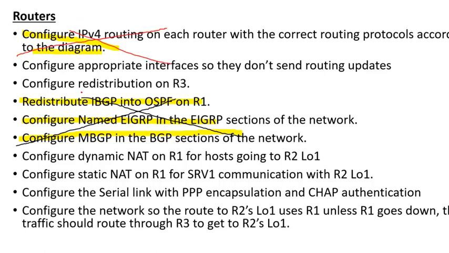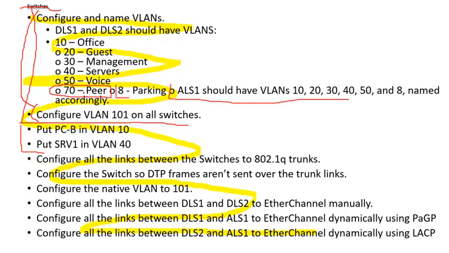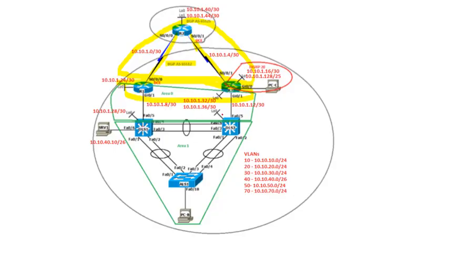Let's redistribute on R3, because then all our routing should be done, and we should have some connectivity happening here, hopefully. So R3, I want to just redistribute my EIGRP.